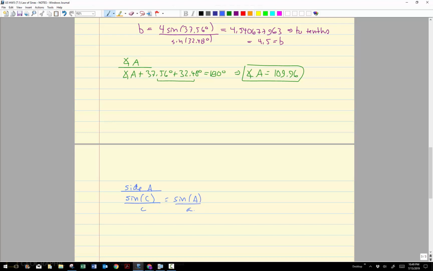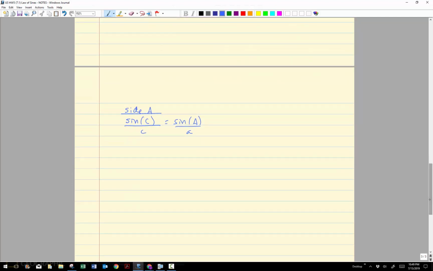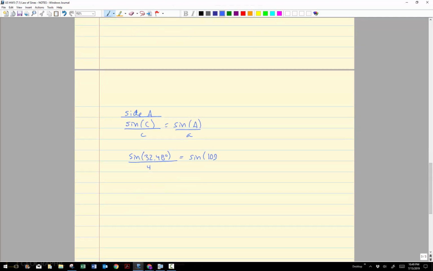So the sine of 32.48 degrees over side C, which is 4, is equal to the sine of angle A, which I just figured out is 109.96 degrees, over the side A. And again, that's what we're looking for.